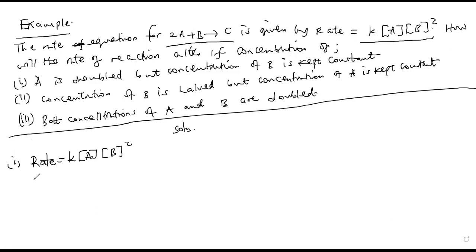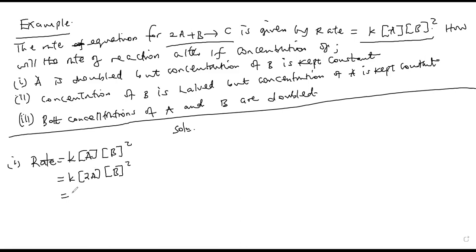It means that our rate is going to be K. They have doubled A, so it is twice A, but kept B constant, so it will keep B squared. Now we want to see how the rate equation has been affected after bringing in a new term. So we have to factorize so that we see by what factor the rate has changed.